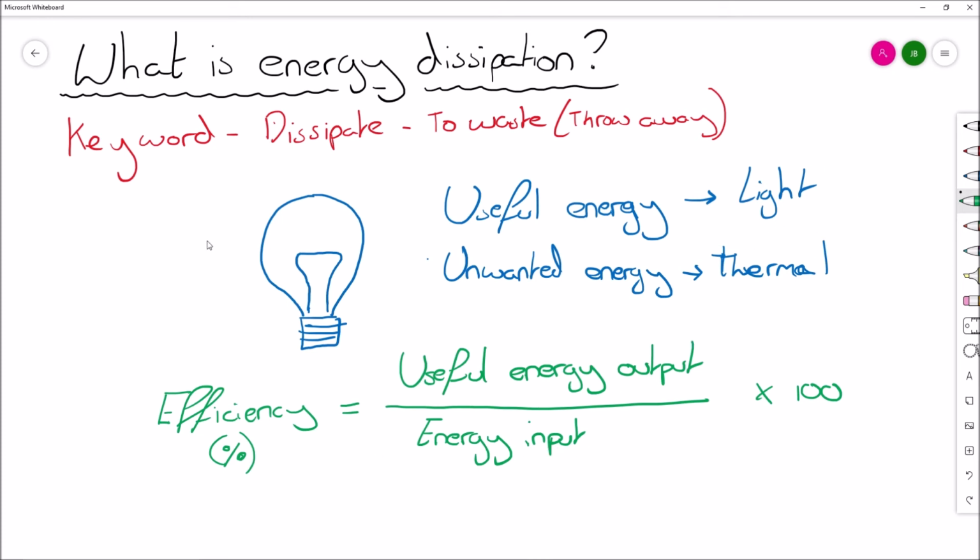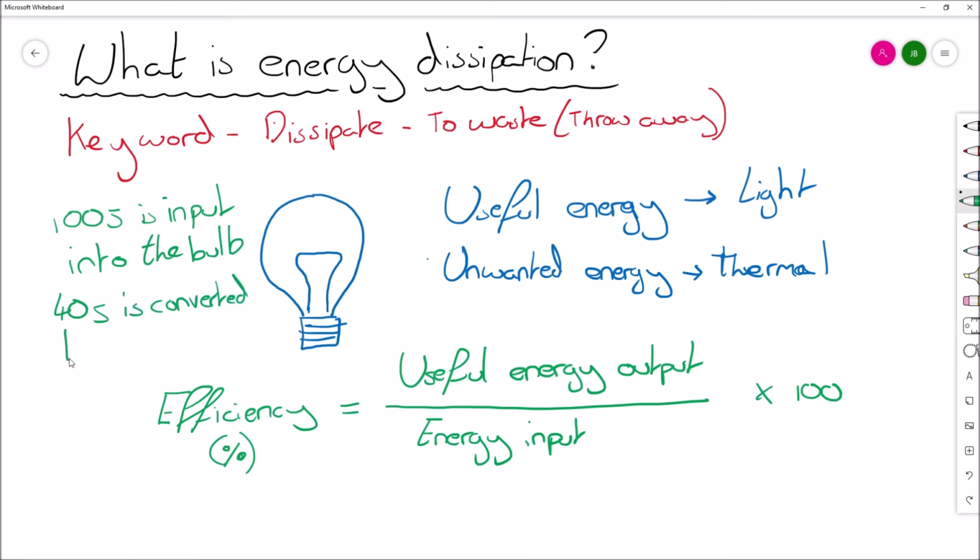So for this example, let's say 100 joules is input into the bulb. 40 joules is converted to light. So we've now got our useful energy being 40, our total energy, our energy input being 100.